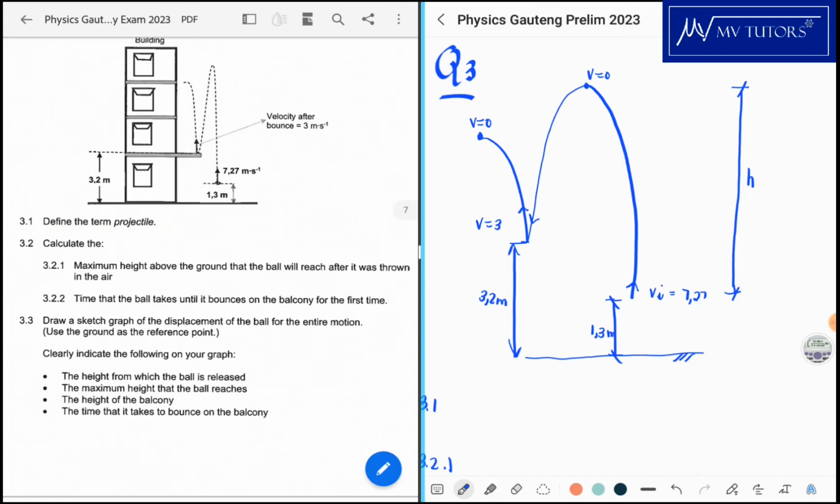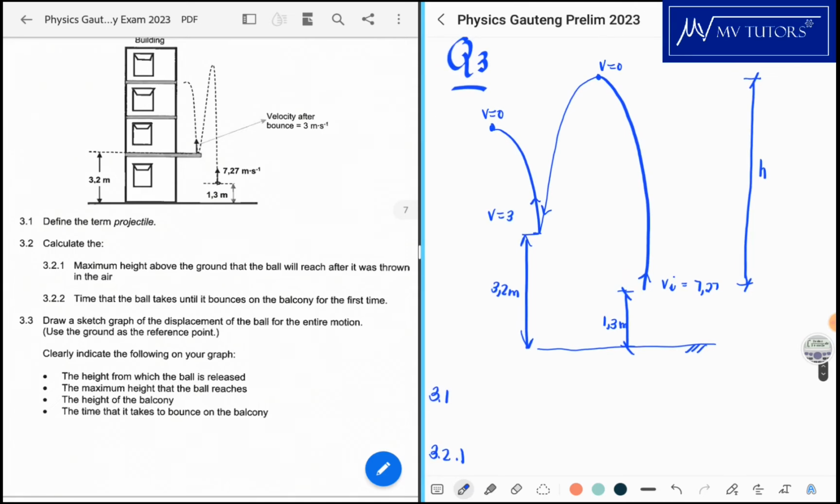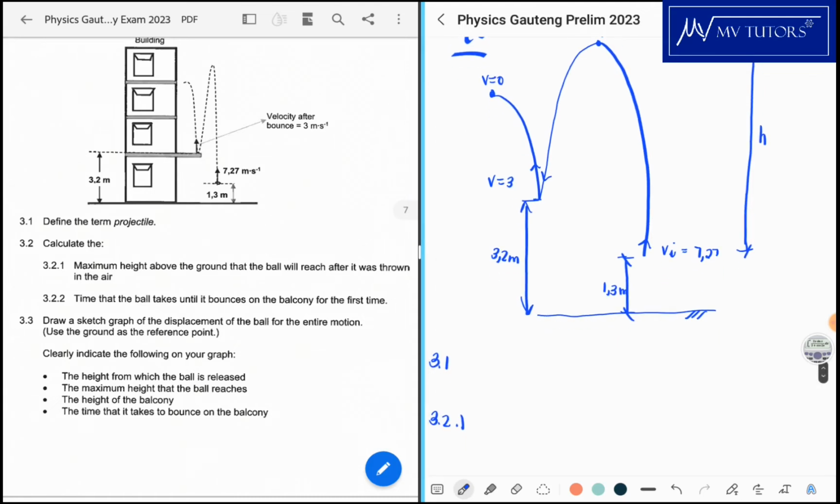Now we need to decide, are we taking upwards as positive or downwards as positive? The motion I've drawn here is if we took upwards as positive, but let's change things around and say downwards will be positive.